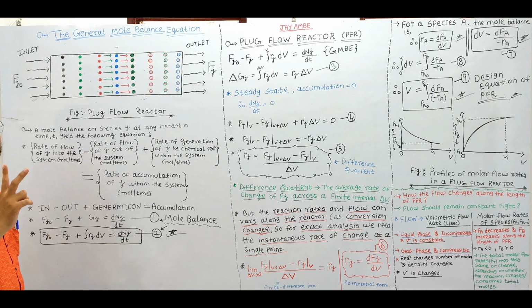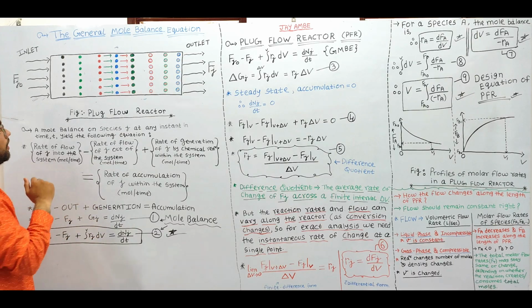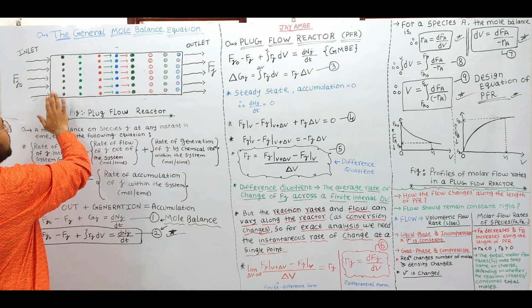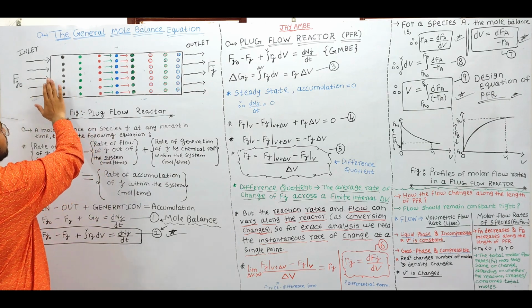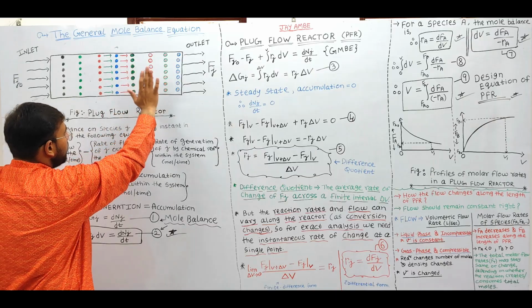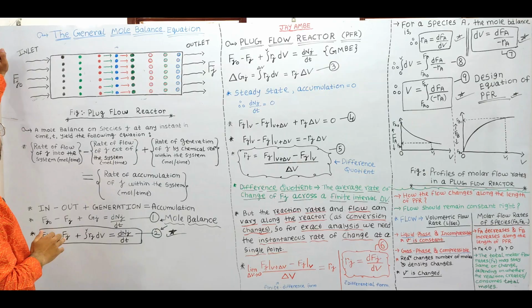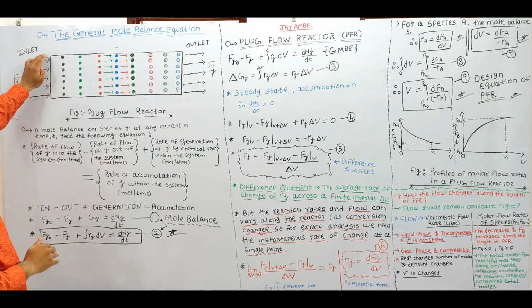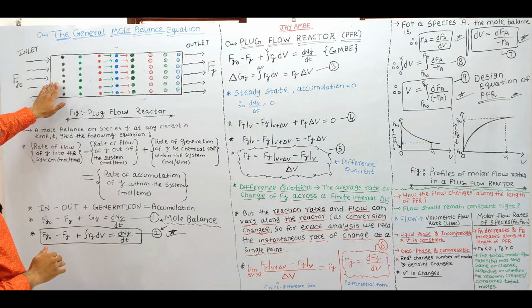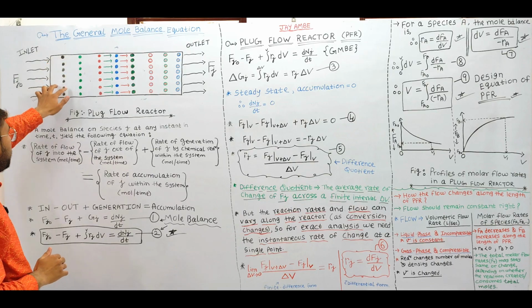Let me simplify to make you understand. The fluid is flowing through the reactor volume, from the inlet stream into the reactor. Now these are the plugs, right?